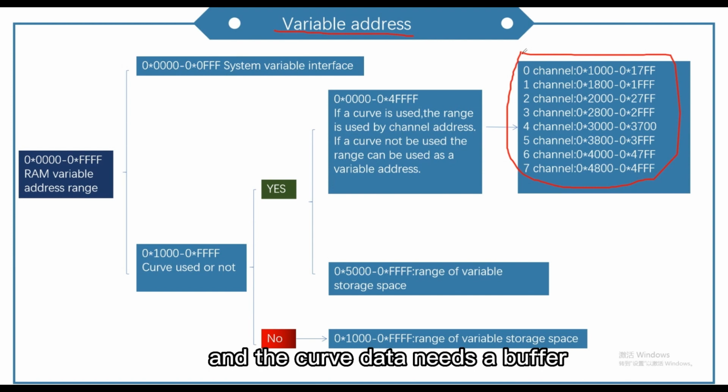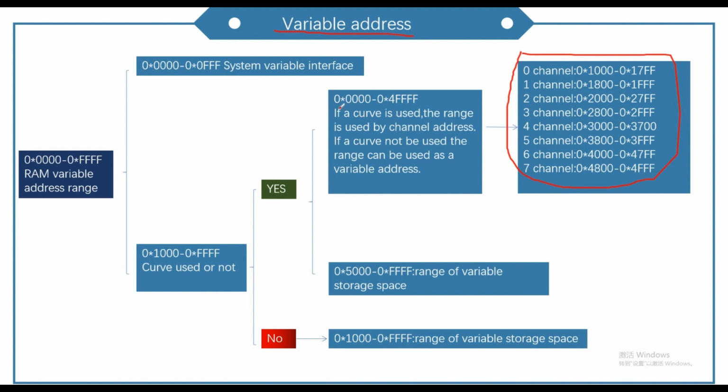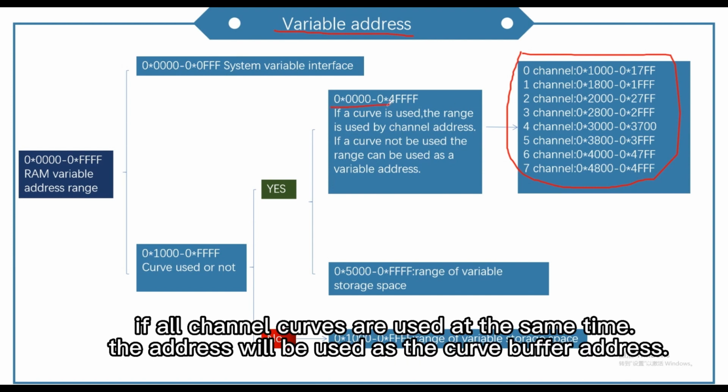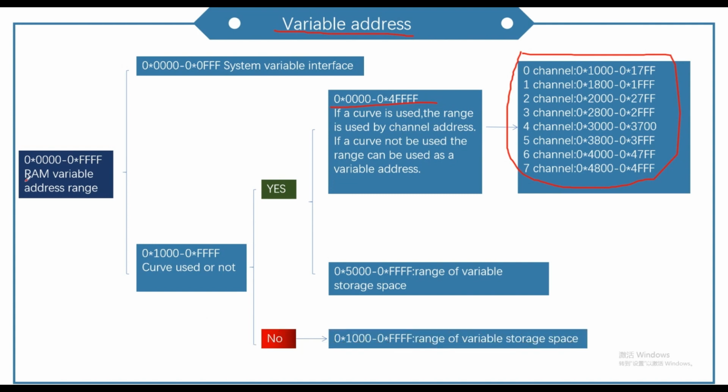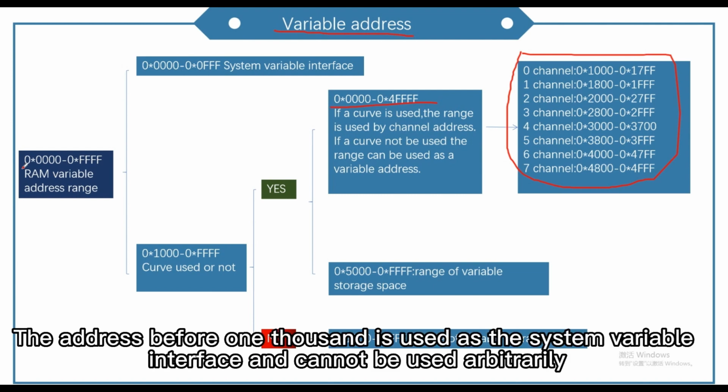And the curve data needs a buffer. If all channel curves are used at the same time, the address will be used as the curve buffer address. The address before 1000 is used as the system variable interface and cannot be used arbitrarily.